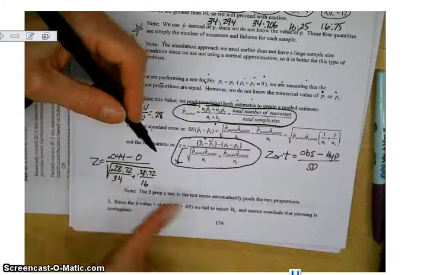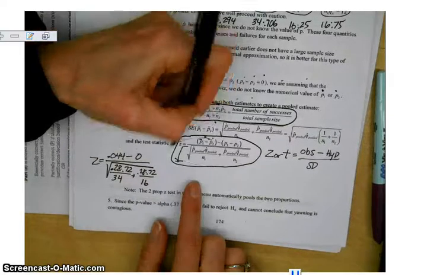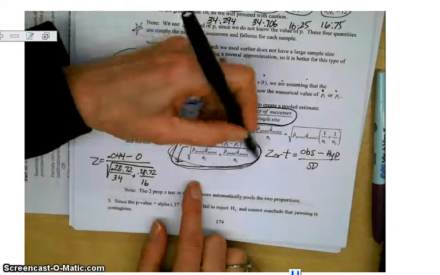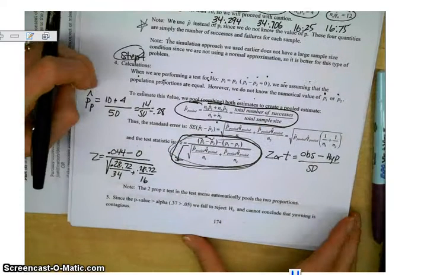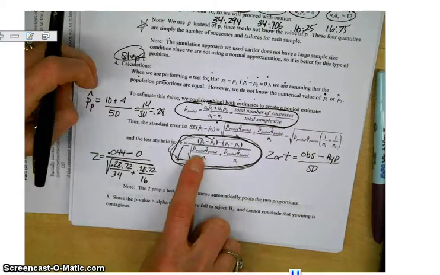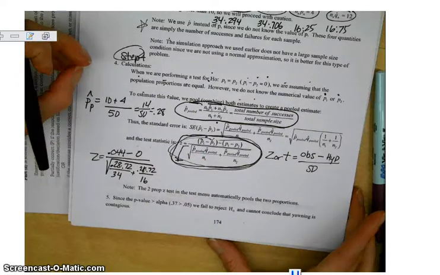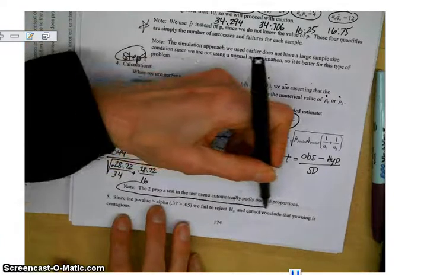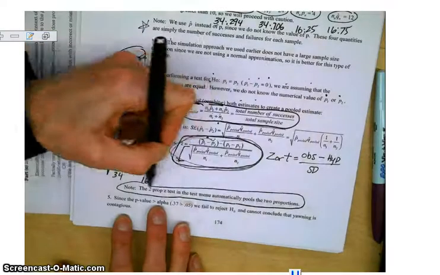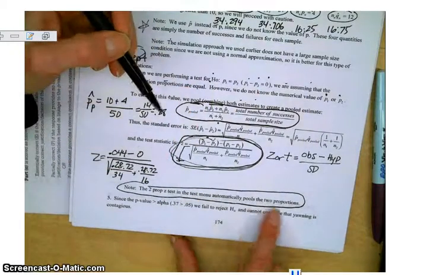So that would be what you would have to plug into your Z, or you could just write this formula down. And you don't have to write pooled out, you just write p hat pooled, q hat pooled. It also says the two proportion Z test in the test menu automatically pools the two proportions.